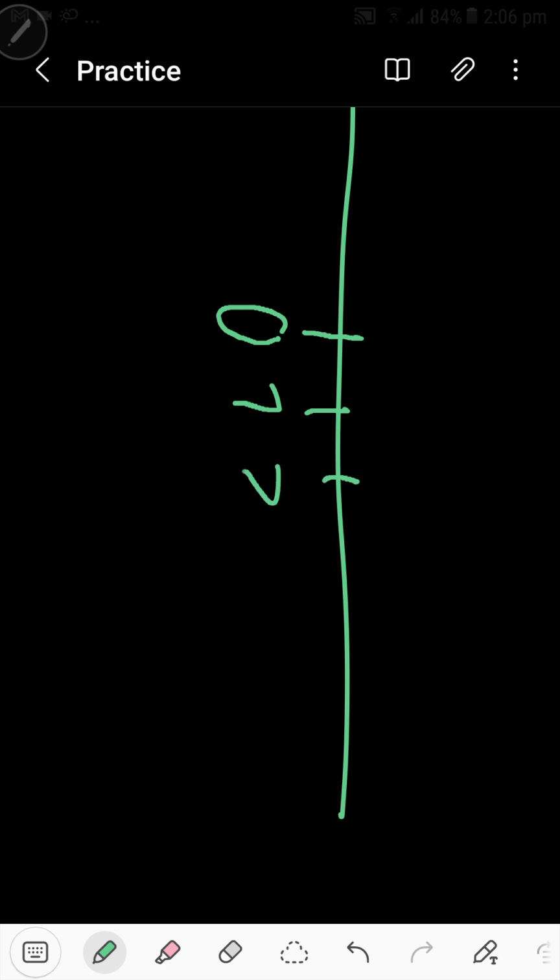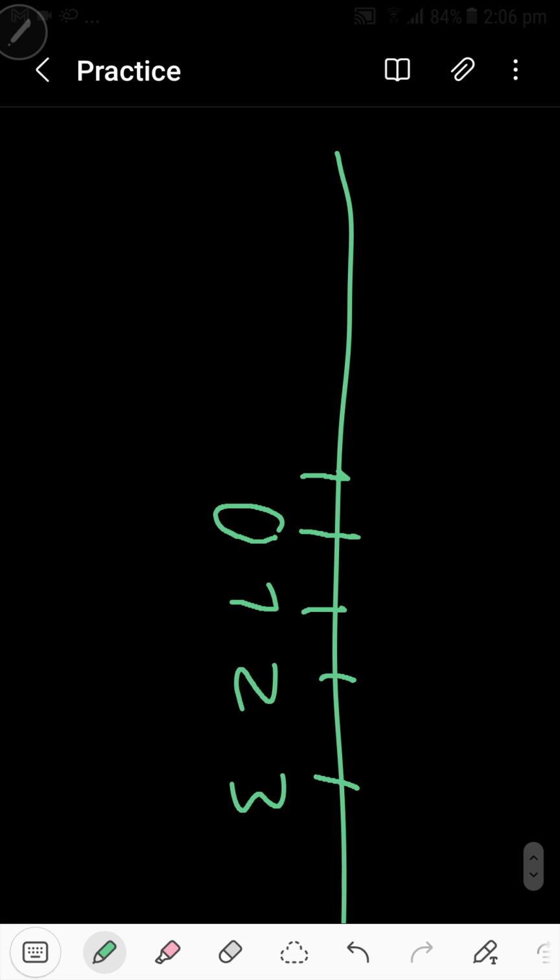At the middle you've got the 0. As we go more to the left of the 0, the value decreases. It goes from -1, -2, -3. So the value decreases as it goes on.